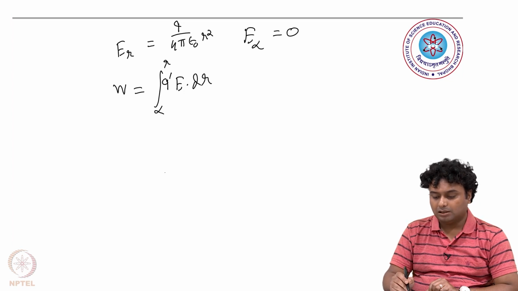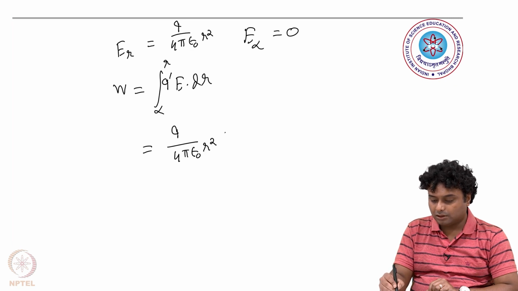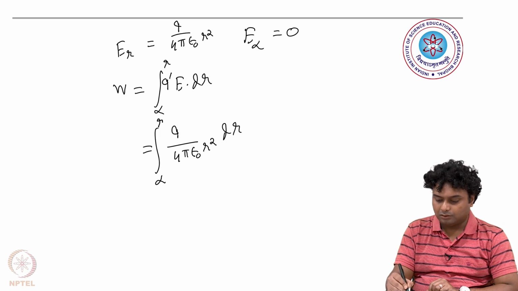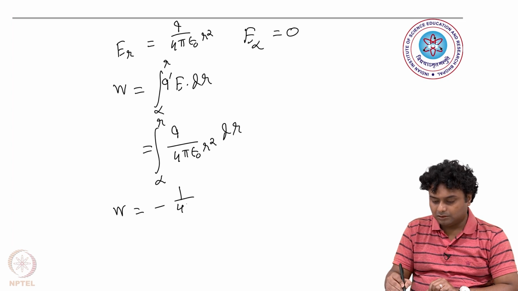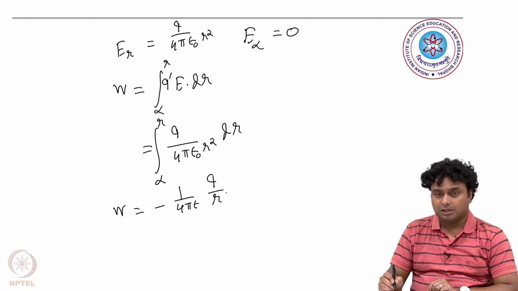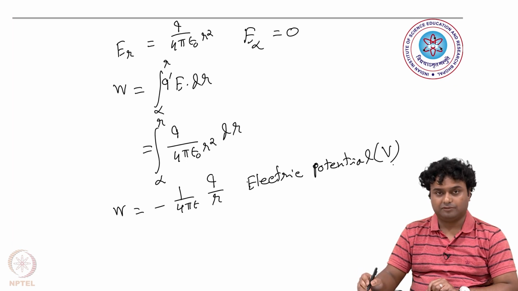If you put in the electric field for a 1 coulomb charge, it is Q by 4 pi epsilon naught r square dr from infinity to r, and if you do the integration, you will get W equal to minus 1 by 4 pi epsilon naught into Q by r. This is called the electric potential due to the charge Q at a distance r. We will call it V, the electric potential.